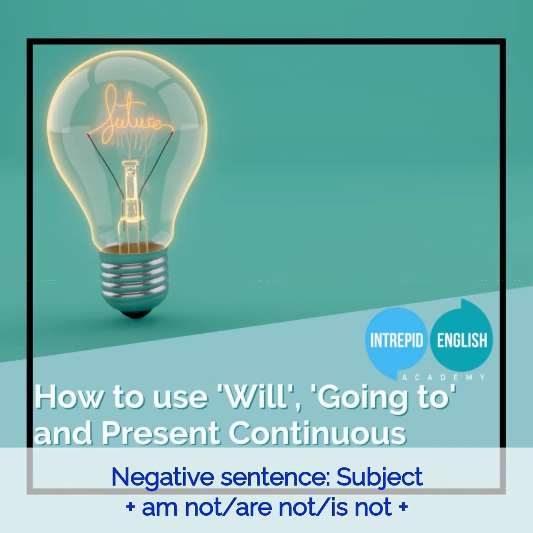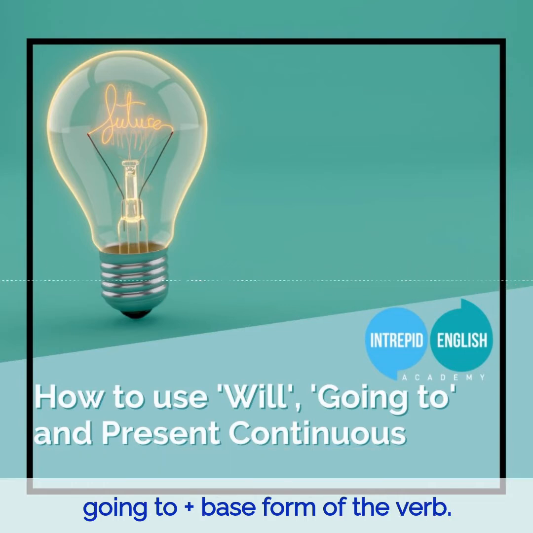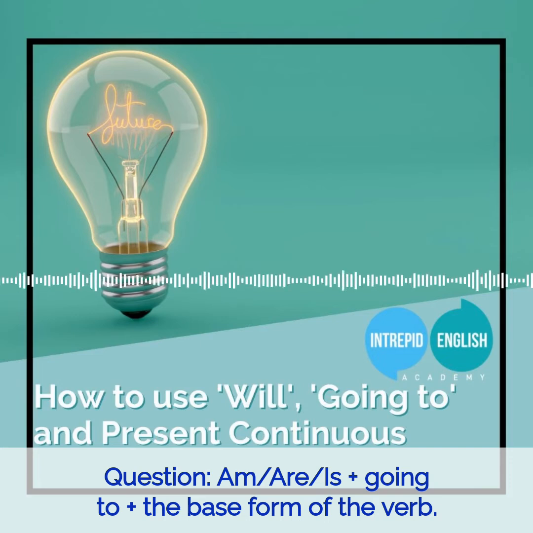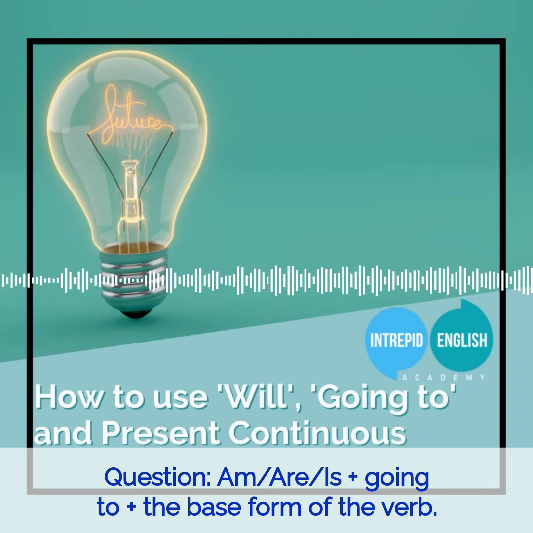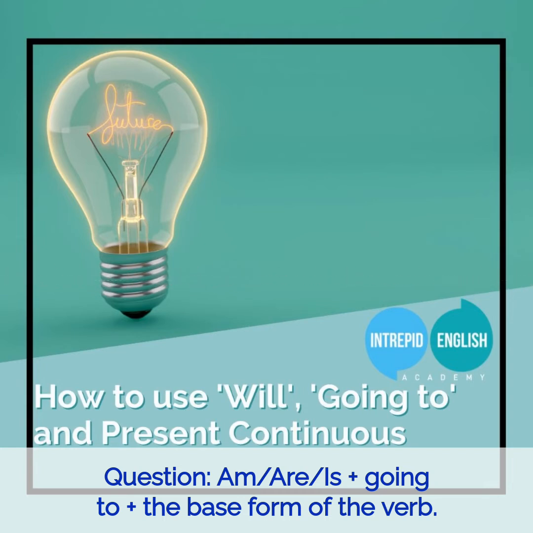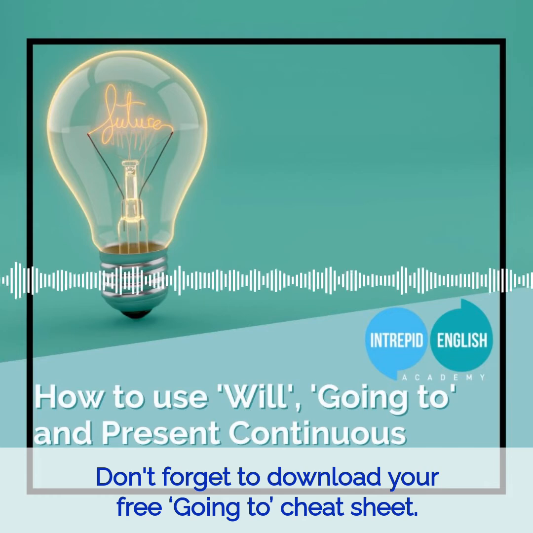Negative sentence: subject plus am not, are not, or is not, plus going to, plus base form of the verb. Question: am, are, or is, plus going to, plus the base form of the verb. Don't forget to download your free going to cheat sheet.